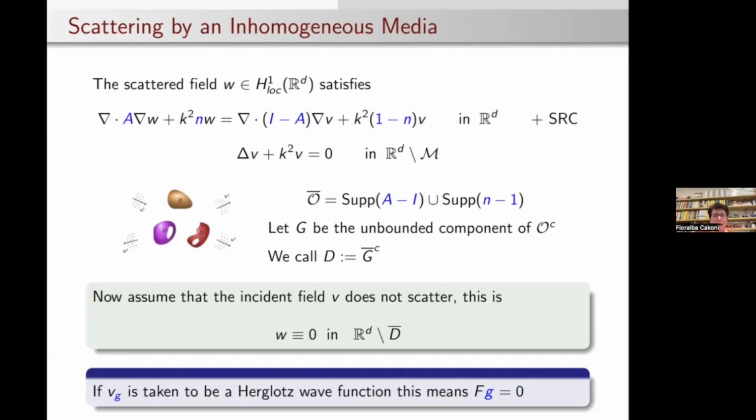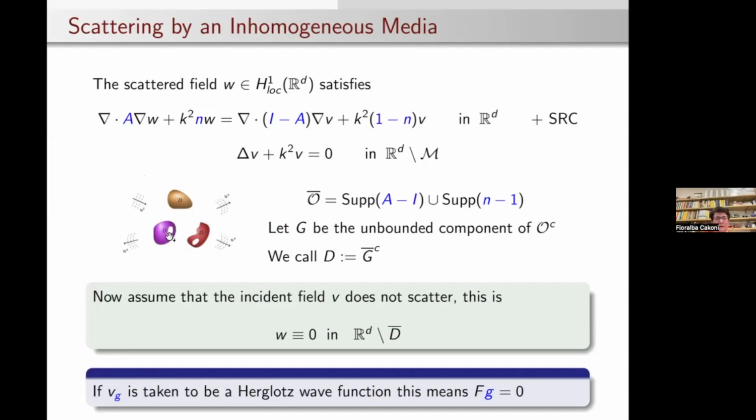Since I would like to see when this w is 0 in the exterior of the perturbation, I'm actually going to consider not the support of the perturbation, which I denote here by O bar, but the unbounded component of the complement of the support, because we may not have perturbation inside these regions.